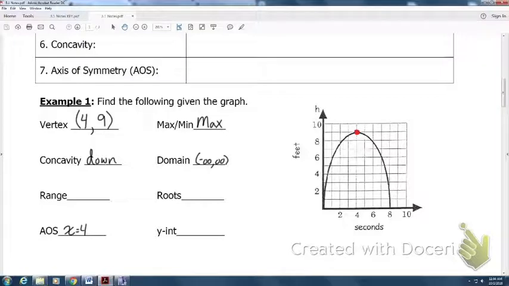Now your range, if it is concave down, it's always going to start at negative infinity and go up to the y value of your vertex. Is it equal to that y value? Yes or no? Yes, so what needs to be on the 9? A bracket.